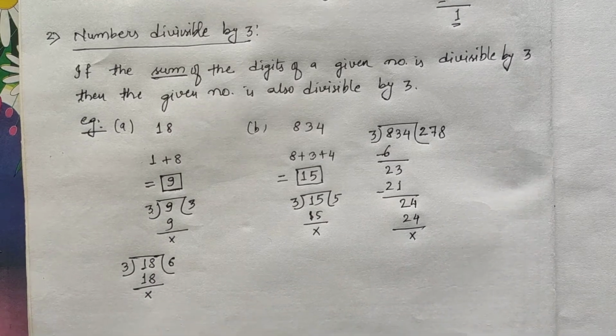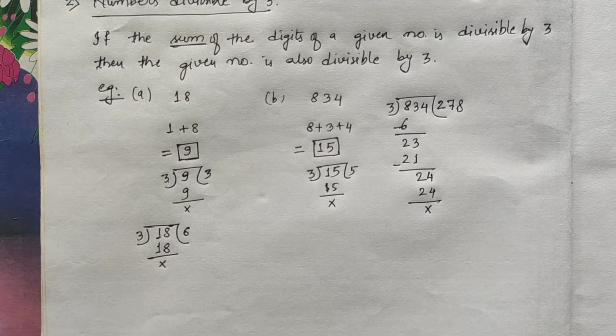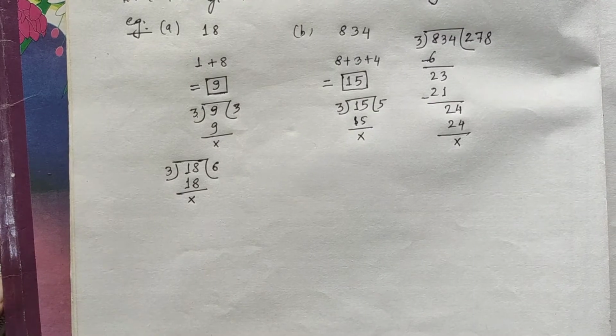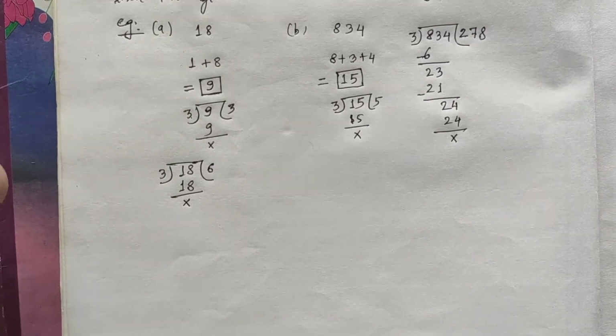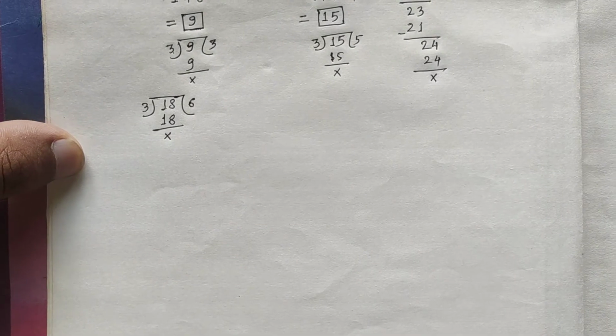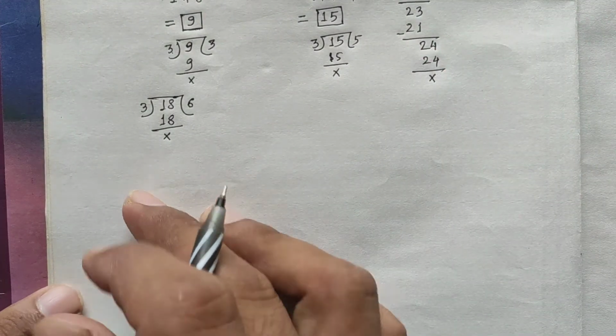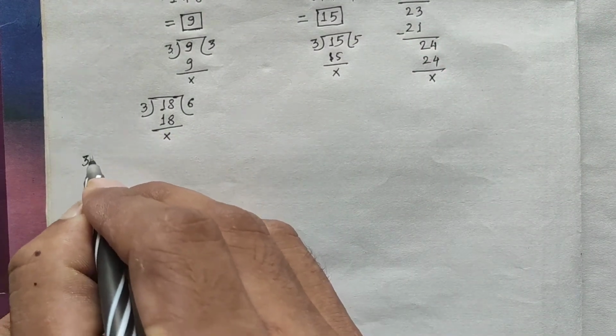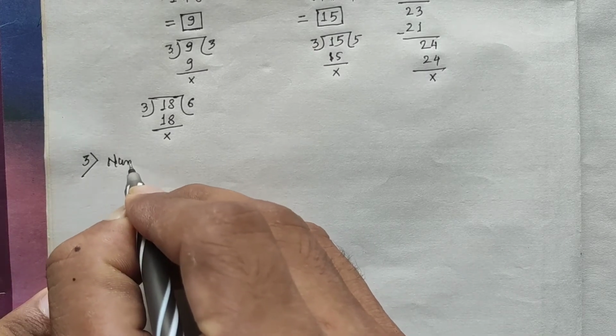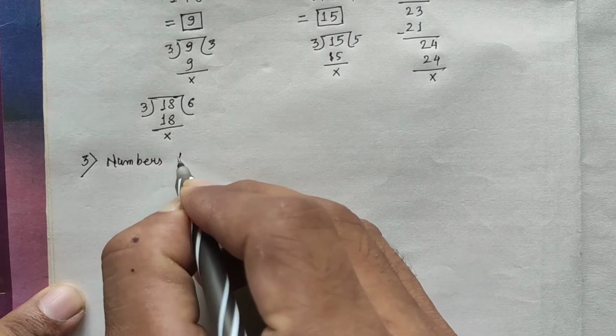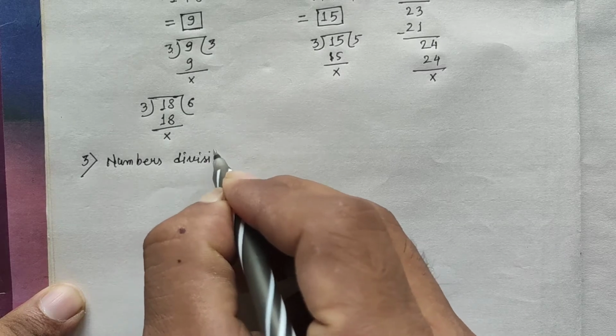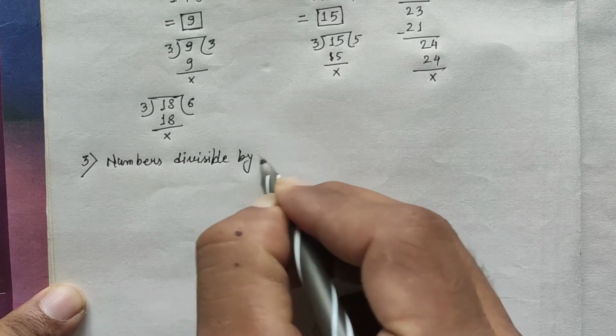Okay, so now we will see which numbers are divisible by 5. So for the next, numbers divisible by 5.